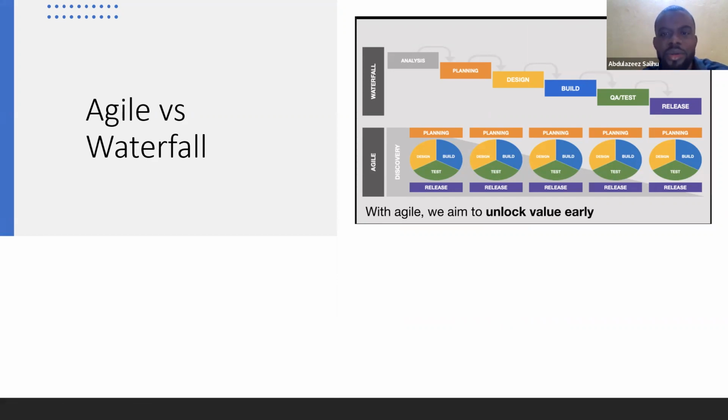This is a typical diagram where we're trying to examine Agile versus waterfall. You see that in the waterfall model, what you typically have is hands-off.